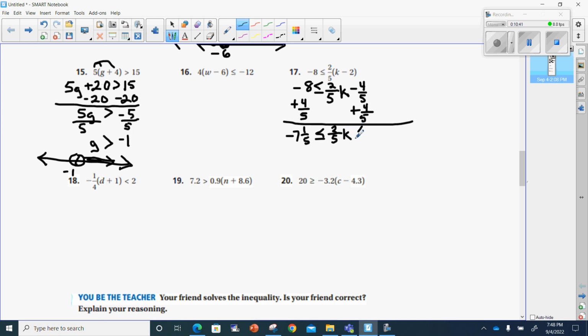Now I'm going to multiply this side by 2/5. Oh, sorry, I take that back. I'm going to multiply it by the inverse, which is 5/2. Whatever I multiply to one side, I multiply to the other side. So I'll multiply this side by 5/2.